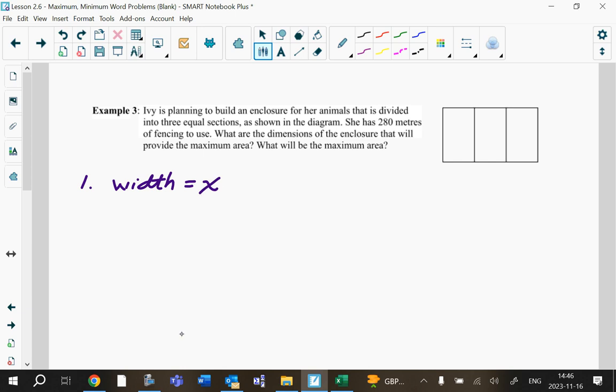In our diagram, how many widths are there? How many widths do you see? 2? There's 4. 1, 2, 3, 4. So there's 4 widths.